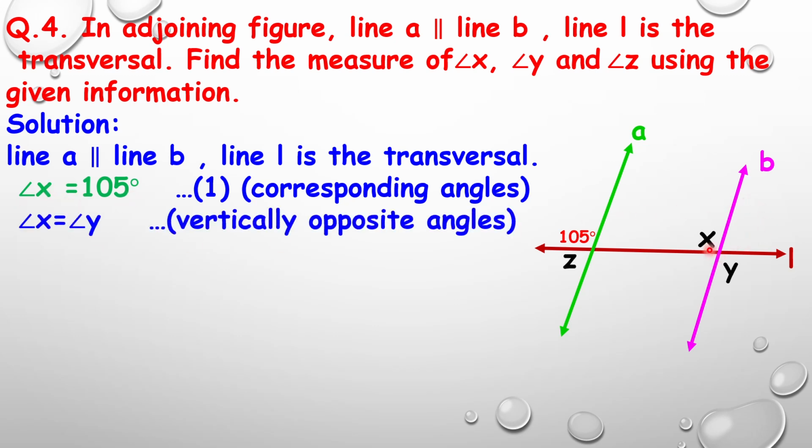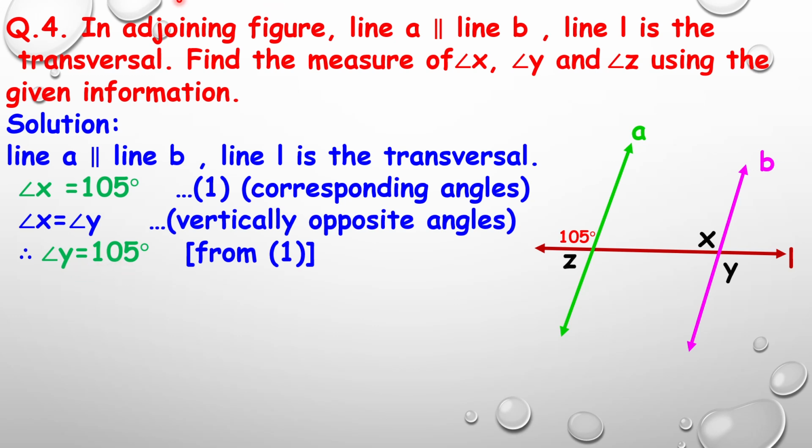Then, if we observe the figure, angles X and Y are vertically opposite angles. Vertically opposite angles are congruent. Therefore, angle X is equal to angle Y. We know the value of angle X is 105. Therefore, Y is equal to 105 degrees.